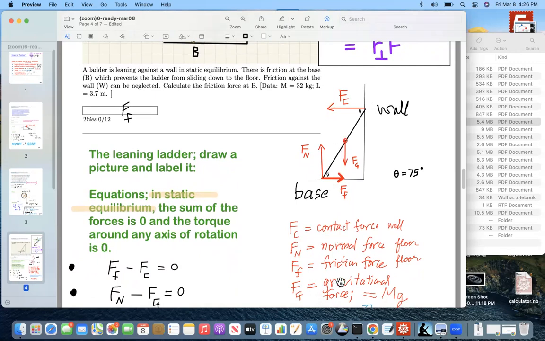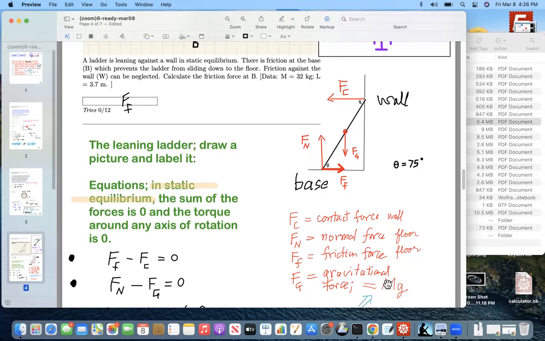So Fg is the gravitational force. It's equal to the weight of the ladder, mg. And as for its location, strictly speaking, it's located at all points along the ladder. But I can express that as if all the weight were just concentrated at the center of the ladder. That'll give me the total force.